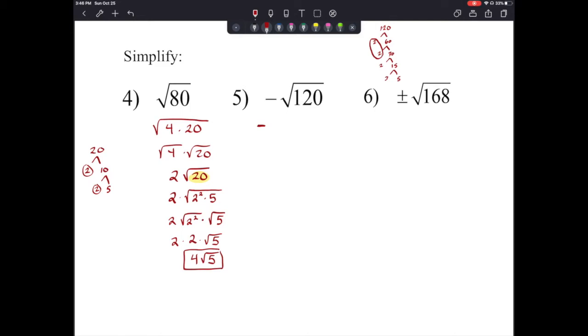So this is like saying the square root of 2 squared times, and then I just take these 3 and multiply them back together. 2 times 3 is 6, times 5 is 30. So we have 2 squared times 30, and then we'll just break it apart. The square root of 2 squared is like the square root of 4, which is 2. We have negative 2 times the square root of 30.